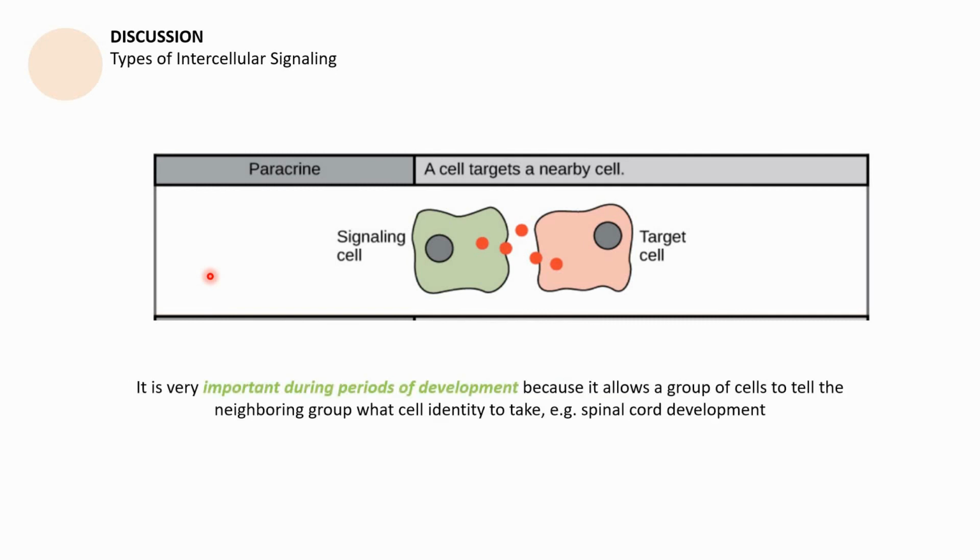It is very important during periods of development because it allows a group of cells to tell the neighboring group what cell identity to take. Halimbawa, yung mga germ cells, if I'm not mistaken, yung mga cells na may capability to turn into a specific kind of cell. Okay, so once halimbawa they are involved already in the process of development, they will first arrive as a multi-purpose cell or a cell that can turn into anything.